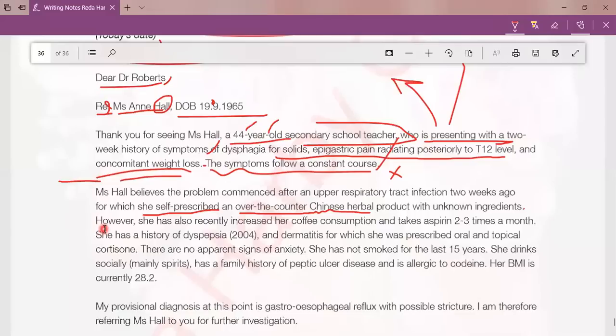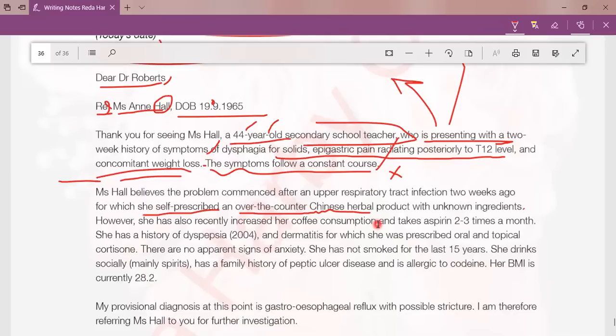So however is a clause of contradiction or comparison, like however, although, and it is very important to include to make the reader excited to read what you've written. Increase fancy words like unfortunately, consequently, subsequently, moreover, thus, hence, and all of that. However, she has also recently increased her coffee consumption and takes aspirin 2 to 3 times a month.